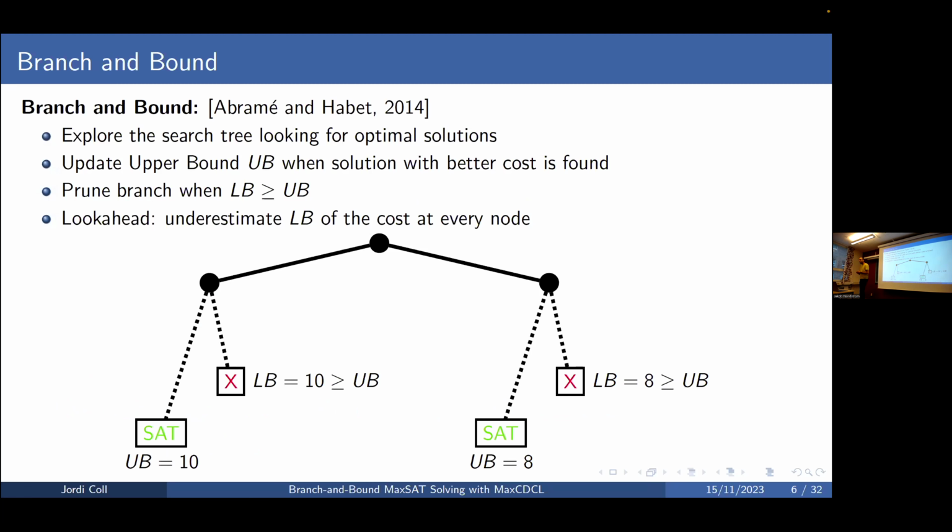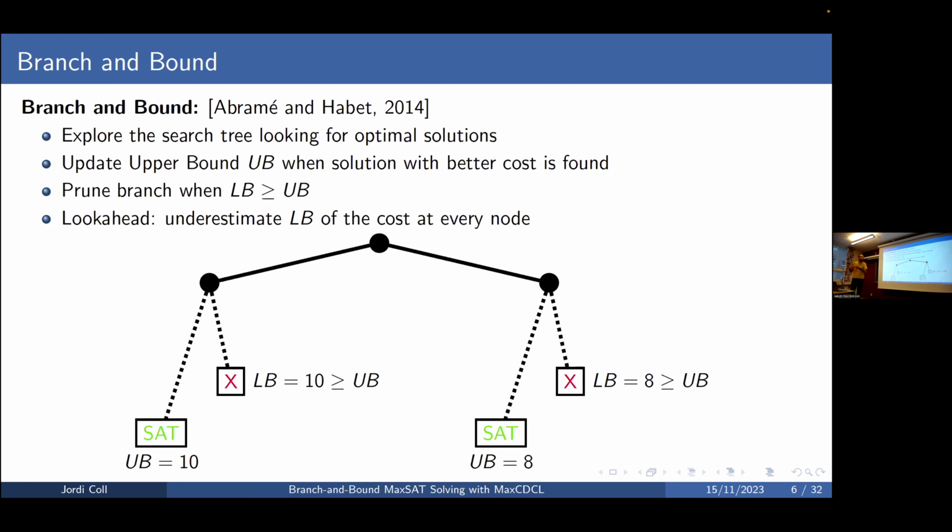We say that MaxCDCL is a branch and bound solver. So what is a branch and bound solver? What have branch and bound MaxSAT solvers typically done? They explore a solution space, trying to find the optimal solution. They do some branching, they might find a solution, and they record the cost of this solution.